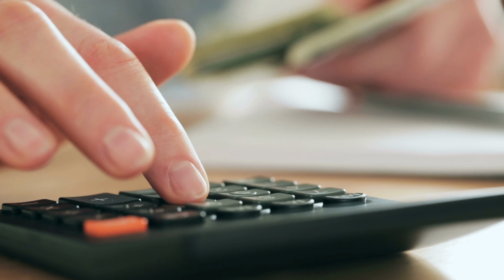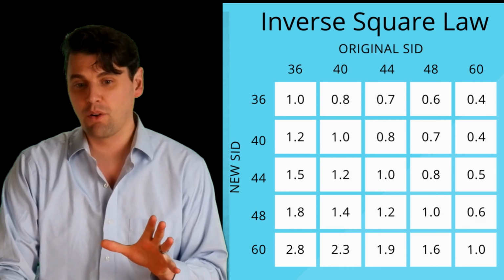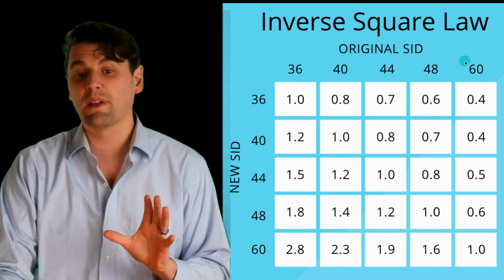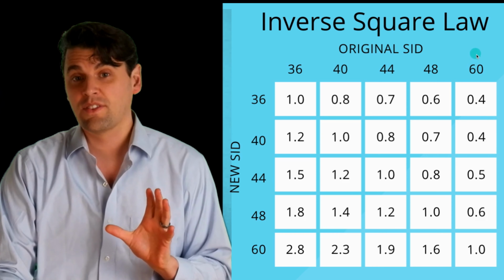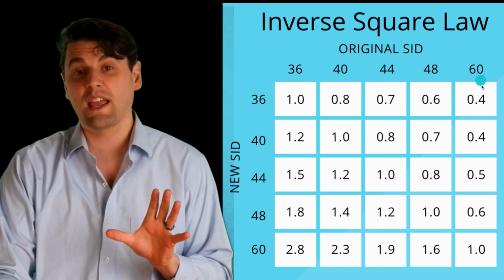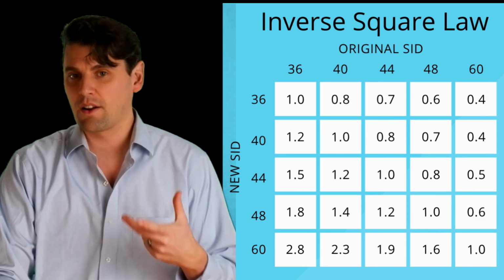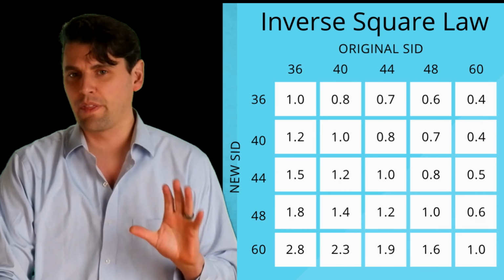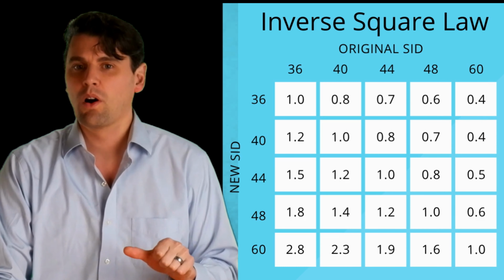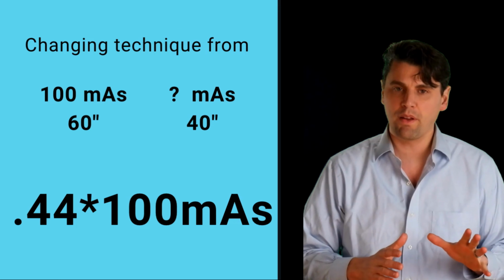If we actually put in our calculator, we'll get 0.44. So that's one way we can do it. The other way we could do it is we could look here at 60, and if we start with 60, and then we see we're going to change and we're going to go down to 40, we could look in our table and it'll tell us also it's 0.4. So either way we do it, we're going to get a number that's around 0.4.